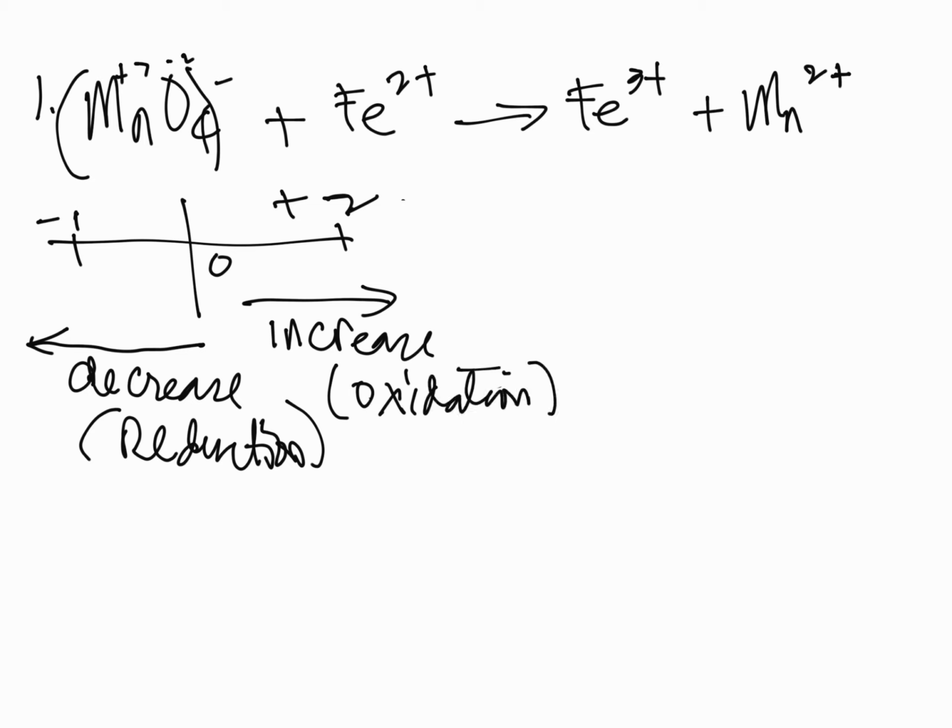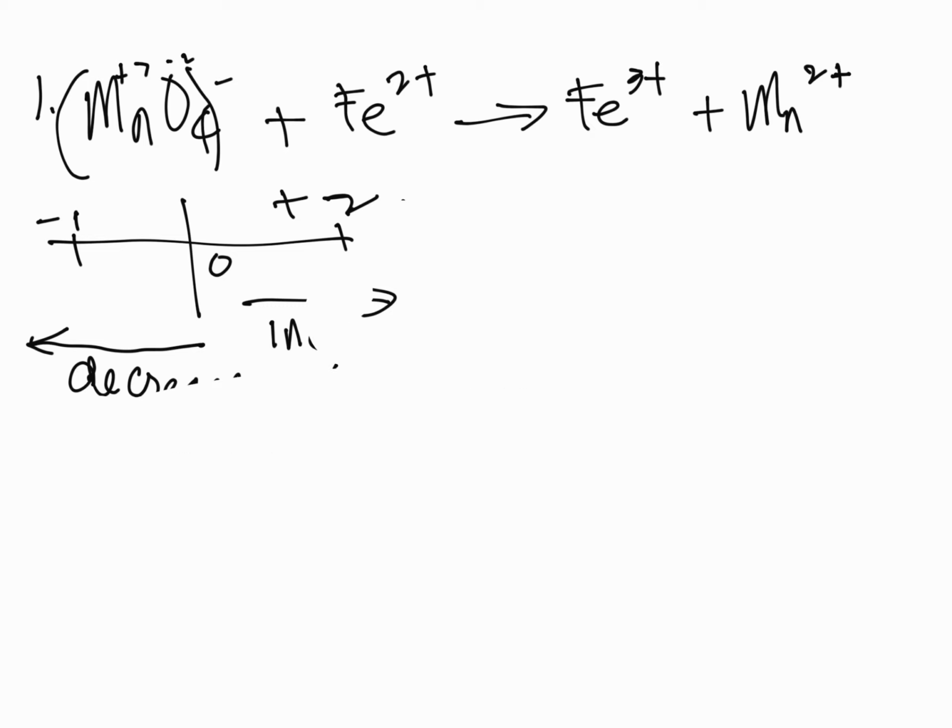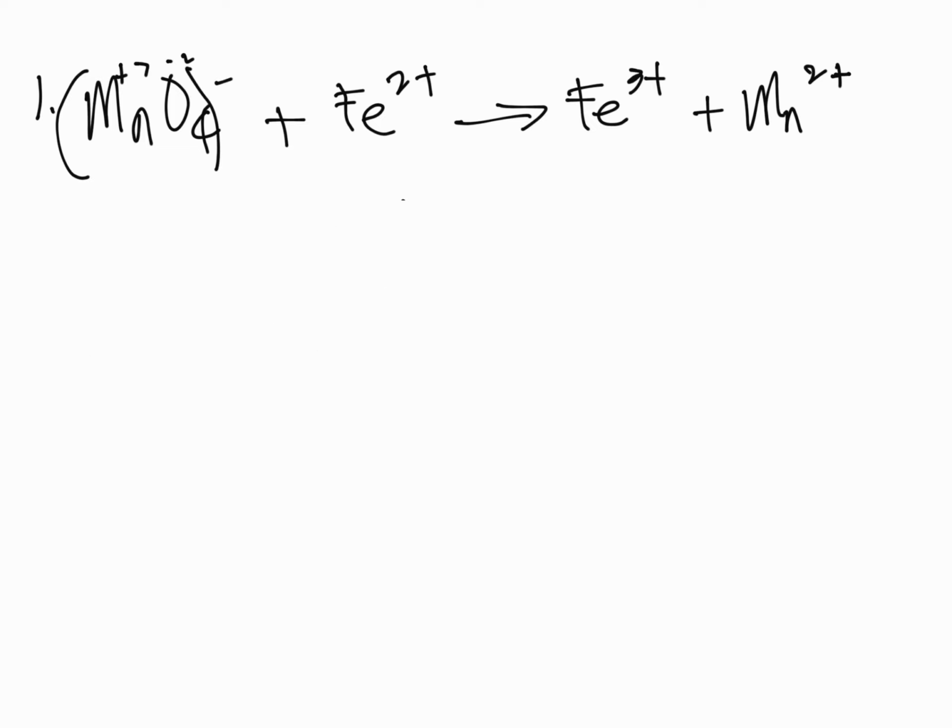Okay, let's go back. In that case, Mn, if you check it here, Mn going here, there is a decrease from +7 going to +2. So this is reduction.